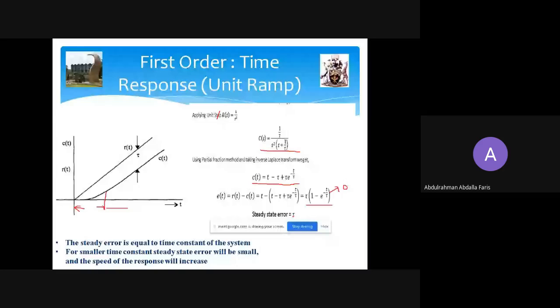So for you to have a very small steady state error when you're using unit ramp, it means you need to have your time constant small, because the steady state error is equal to the time constant of the system, as shown here. For a smaller time constant, the steady state error will be small, and the speed of the response will increase.